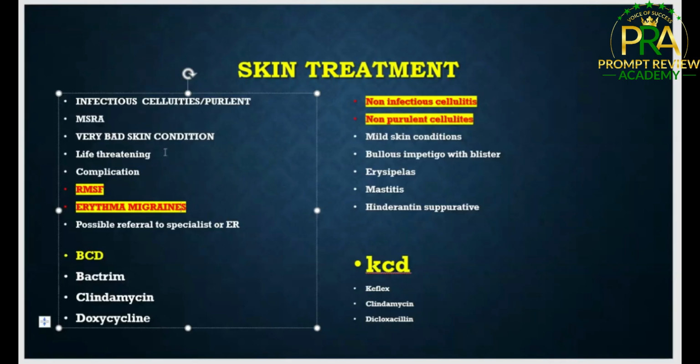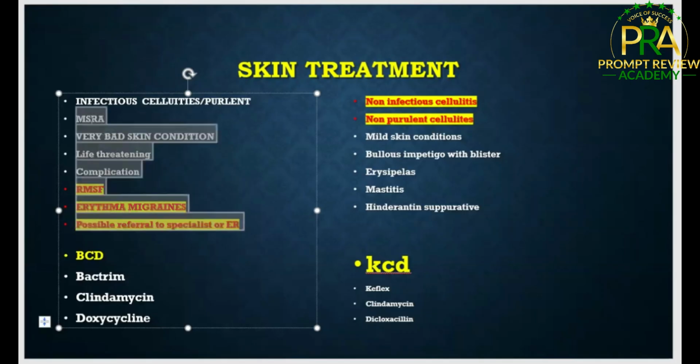So you are worried that something is not right. You can send this person to a specialist or hospital. There are so many skin conditions that fall under these categories you are worried about.